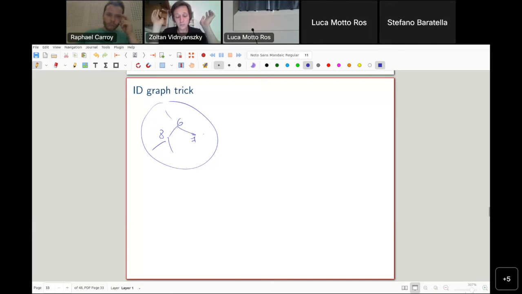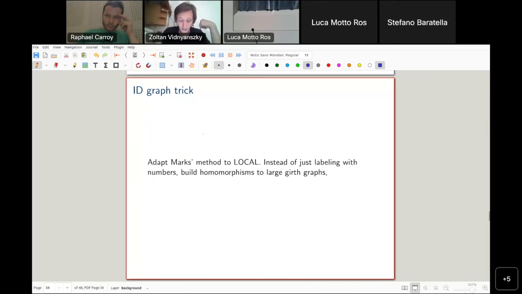And using these games, the whole thing just wouldn't work out if you just use these games naively because of these non-unique IDs. But they already had, so this was our plan. We wanted to adopt Mark's method to the local model, and they had a trick to guarantee the unique IDs, or at least unique to the extent which it matters.